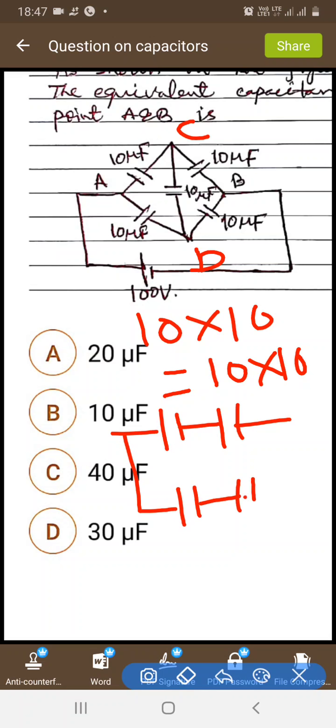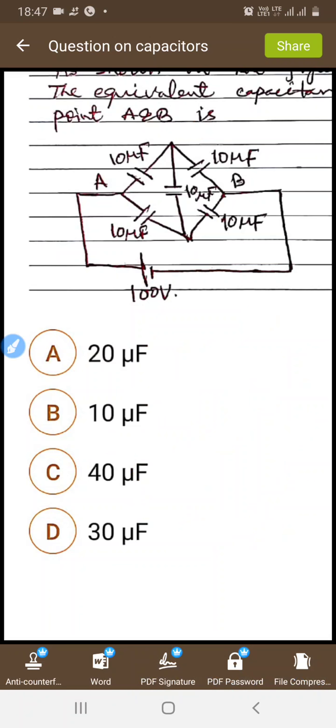Now 10 in series, here also 10 and 10. Here I put point A and point B. So 10 and 10 in series means 5 microfarad, and 10 and 10 again in series means 10 by 2, that is 5 microfarad. 5 and 5 in parallel means 10 microfarad. So answer will be B here.